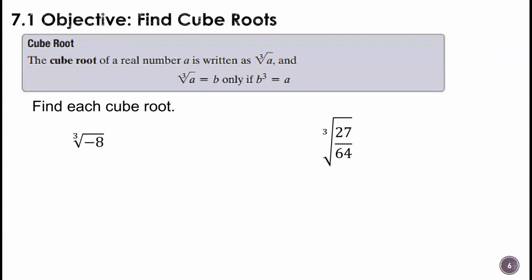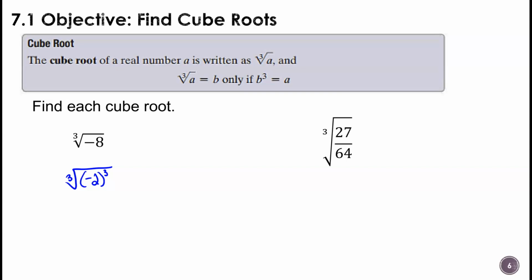Okay, cube roots. So when we take a cube root of a number, that means we're looking for a number that's to the third power that equals a. Okay, and so if we're looking at the cube root of -8, well, -8 is -2 to the third power, right? 8 is 2 times 2 times 2, negative times a negative times a negative.